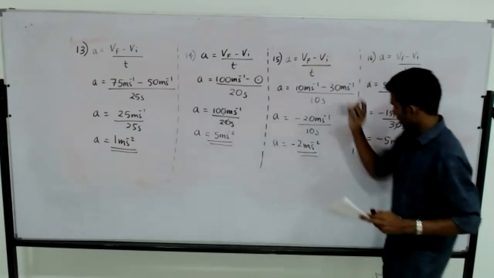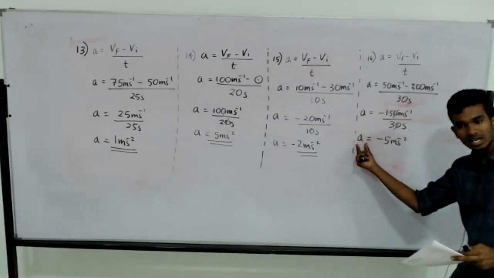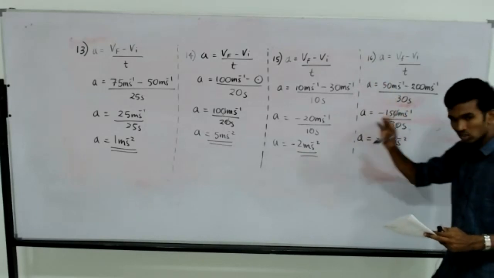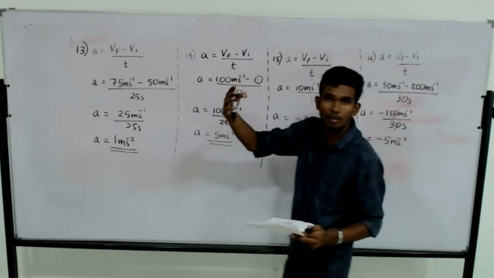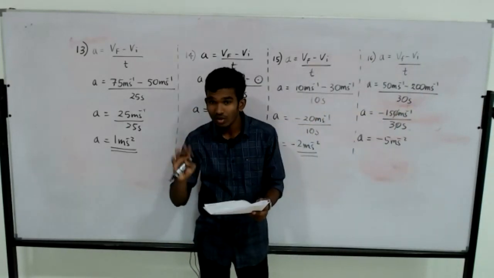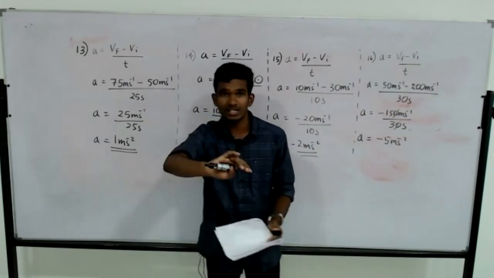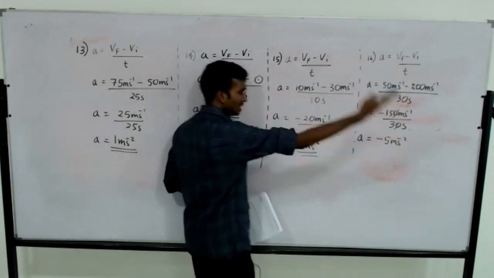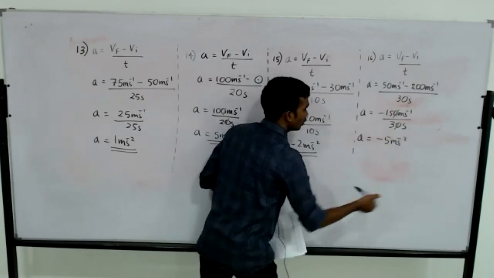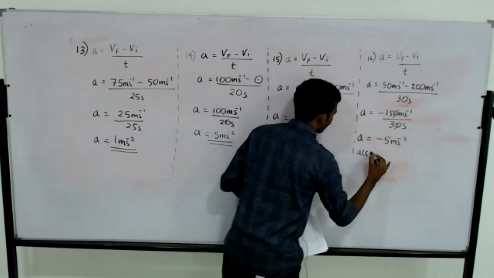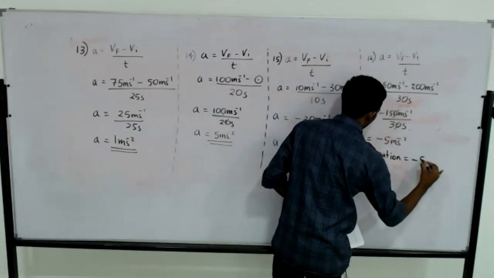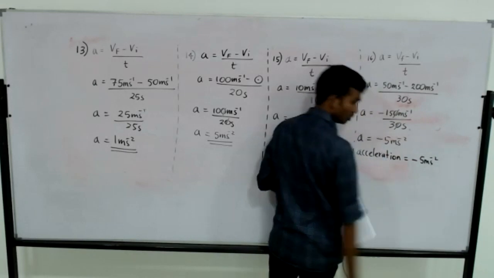Wait. What we found is acceleration. We wrote the equation for acceleration. Acceleration is minus 5 ms to the power minus 2. But are they asking acceleration? No, they are asking deceleration. Deceleration is the same thing, you write it in a positive way. Acceleration is negative 5 ms to the power minus 2.